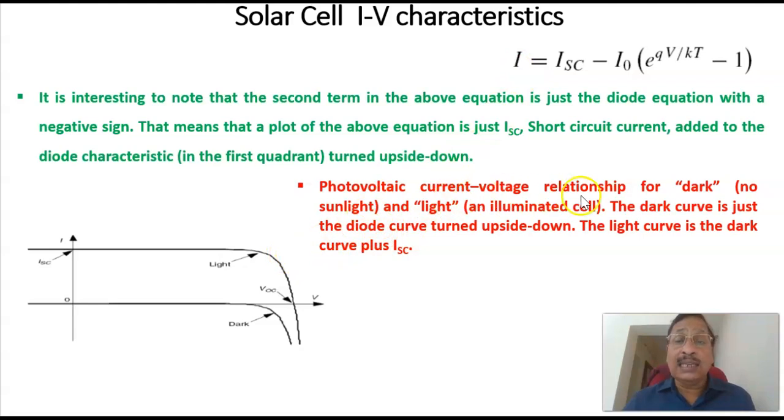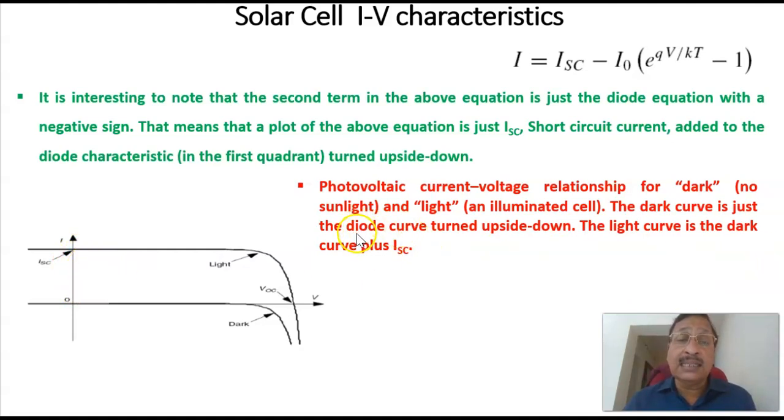For the photovoltaic current-voltage relation in the dark case, when there is no sunlight, ISC becomes 0, so the IV characteristics will be this one. When light falls and the cell is illuminated, a short circuit current appears.